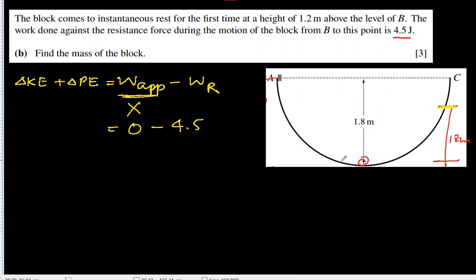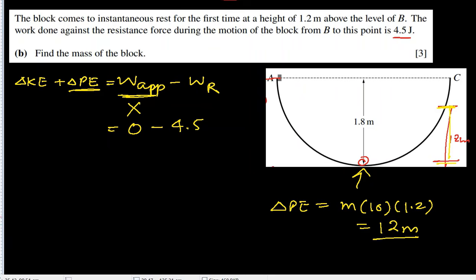Now the potential energy was 0 at this particular position, with respect to B. So change in potential energy will be wholly because of the height gained after that, which will be m, g, and h is 1.2, which is 12m. That is the change in potential energy, and it is a positive change.